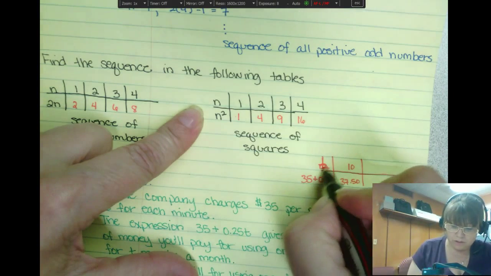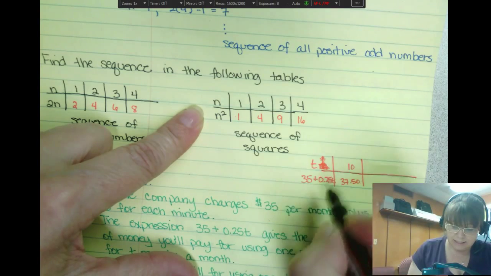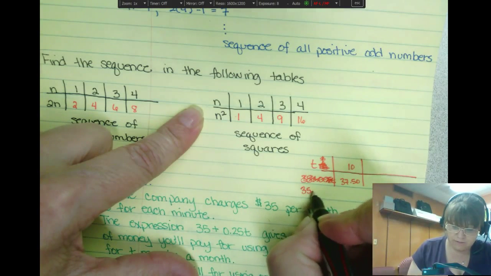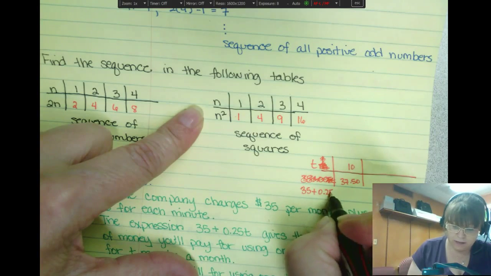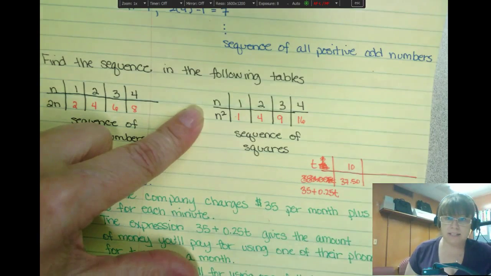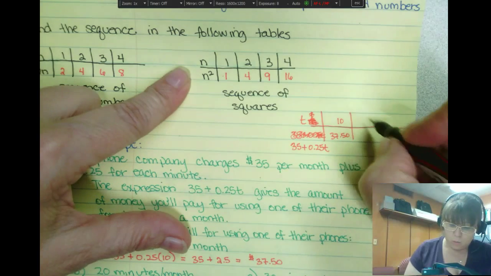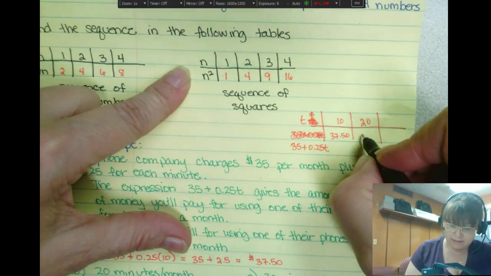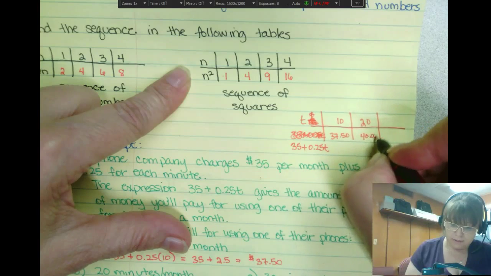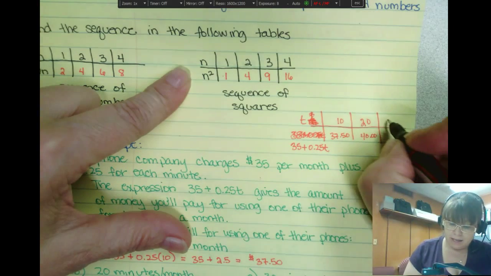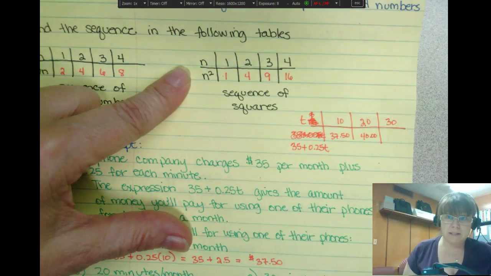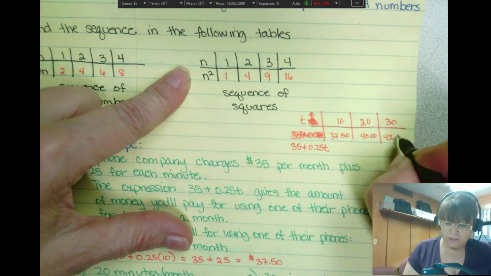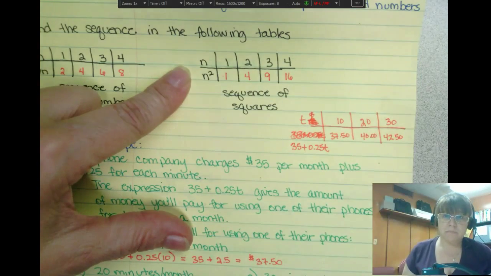Sorry, my writing was atrocious there. We'll say that's t, and we'll rewrite that as 35 plus 0.25t. Hopefully that's clearer. When t is 20, our bill was $40.00. And when we used 30 minutes, our total was $42.50.